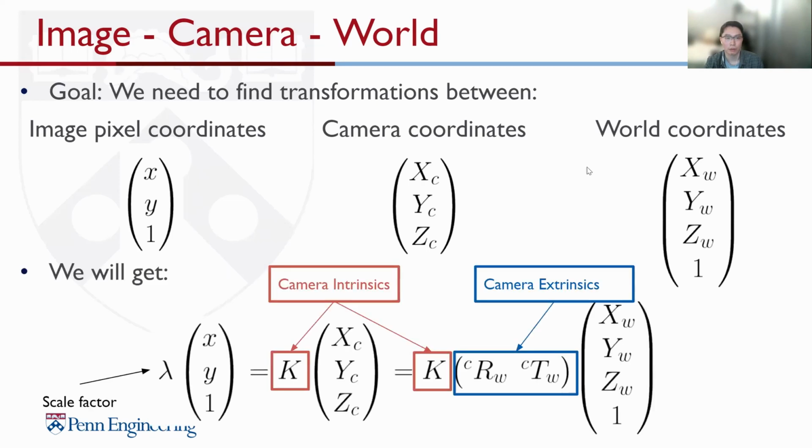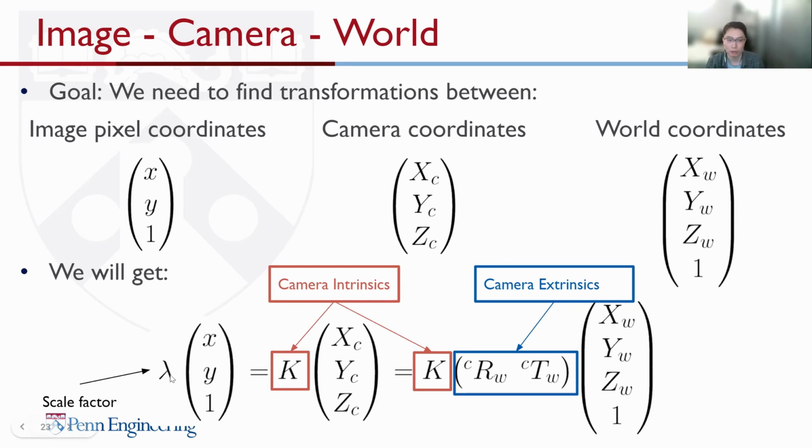And here's what we're going to get. We are going to get a transformation between the pixel and the camera frame, which will be just one matrix plus a scale factor. We can only get this information up to a scale factor, because a thing that is larger and a thing that is closer are actually equivalent.